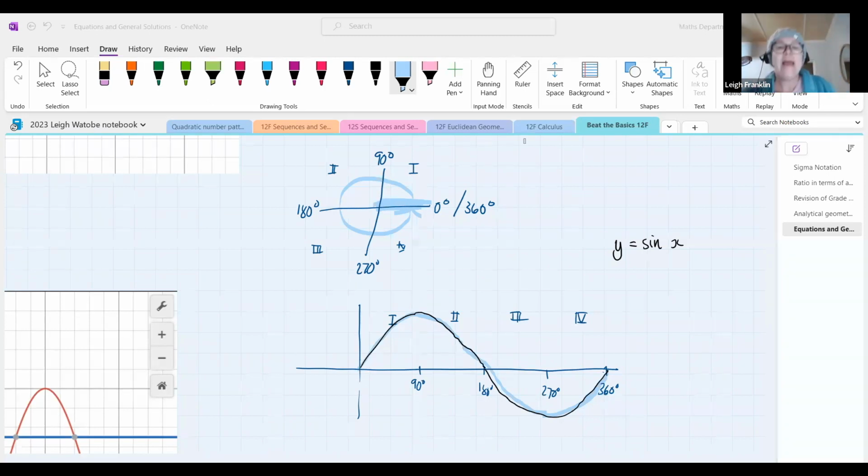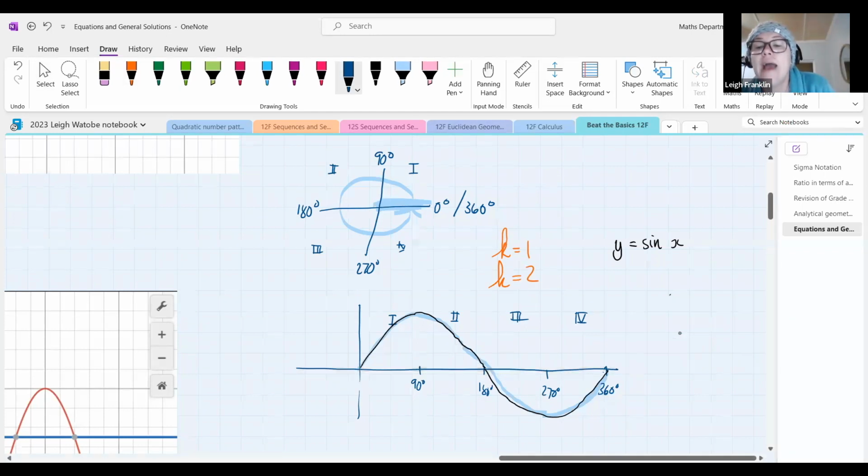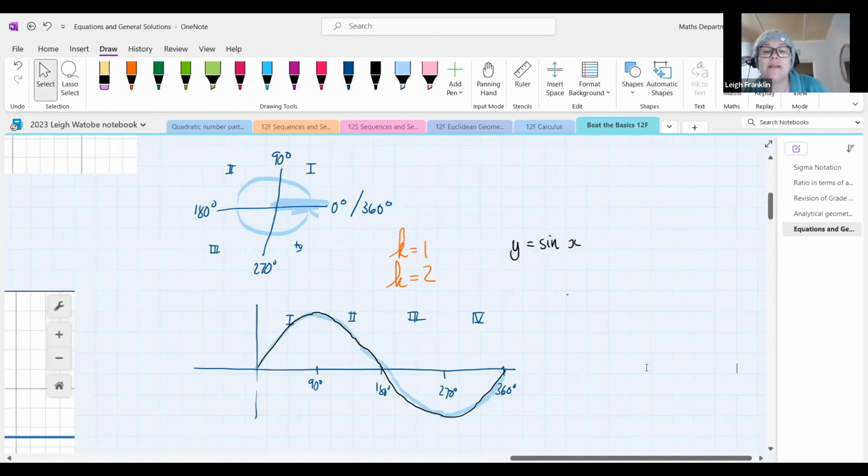So now, in this case, if I have turned once in an anti-clockwise direction, that K value that I was referring to, I have done one revolution. If I now say that was one repeat of the cycle, if I say that K is equal to 2, then I would have to do 2 repetitions of the cycle, in which case I would need a whole bunch more space here, and I would have to go from 360 all the way down to 720.